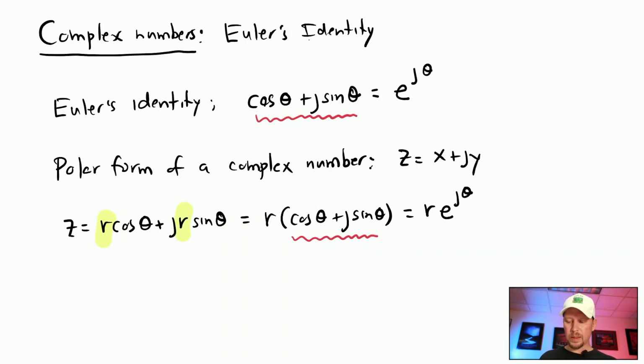This is the improved polar form of the complex number. And you'll see that as we start going through defining how to do multiplication and division of complex numbers, this polar form is going to be much, much more useful to us than the Cartesian form.